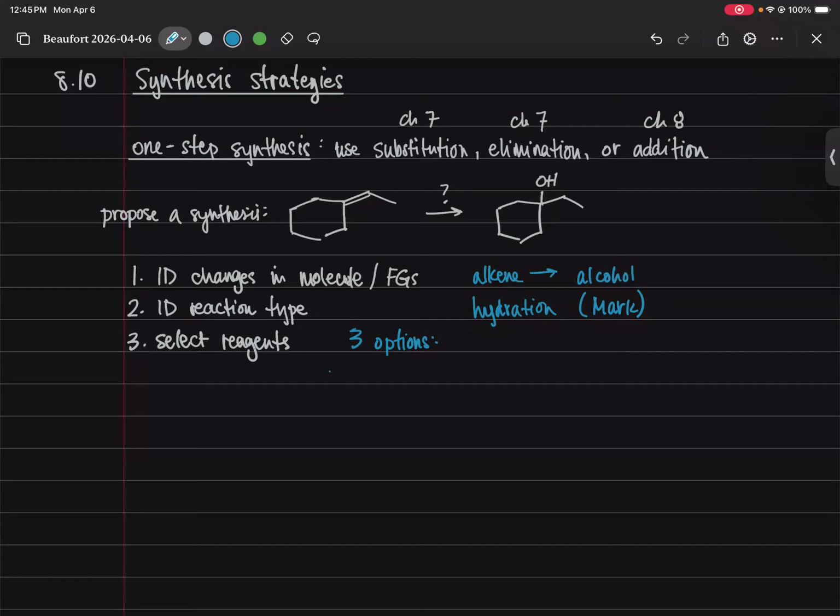We can use H3O plus, or very similar to that, water and sulfuric acid. Okay, those two things mean the same thing. Or we can do oxymercuration.